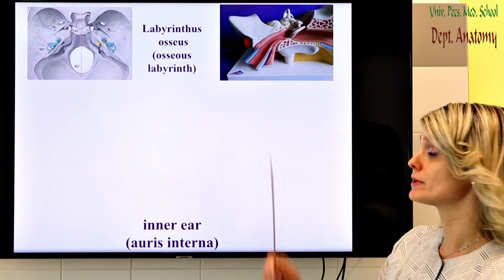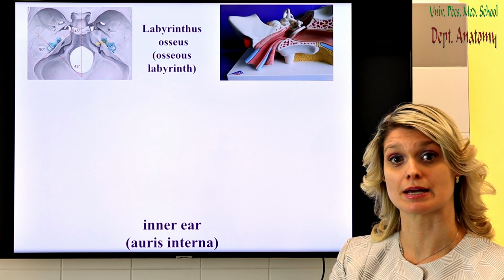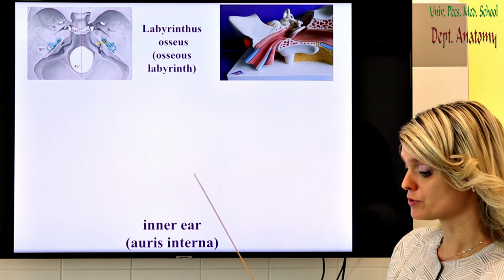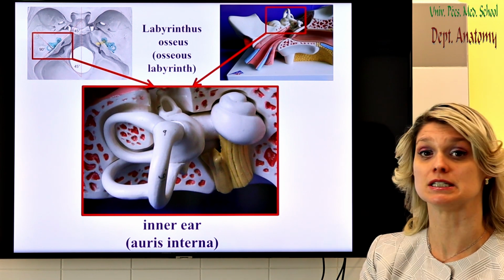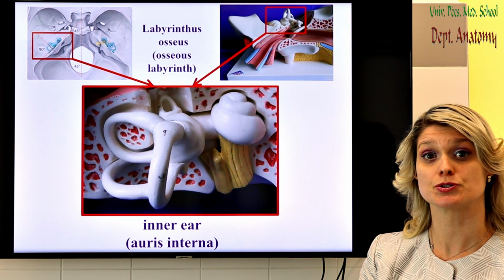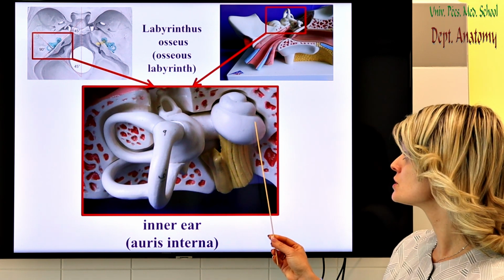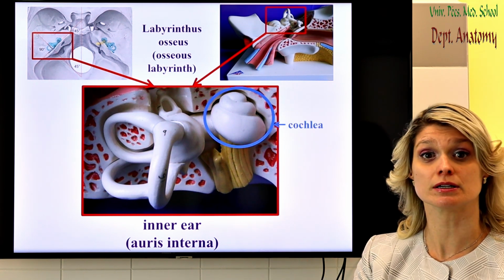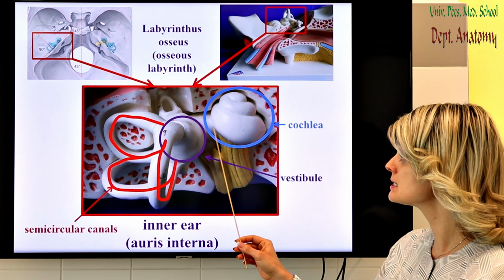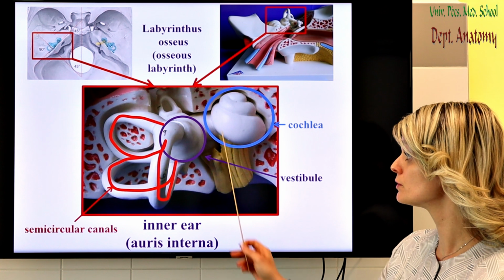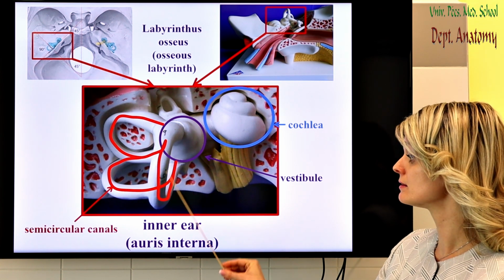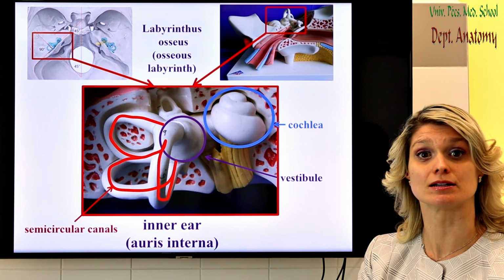Here you can see that preparation, which I will show you in the demonstrative part. The higher magnification of the inner ear you can see in this picture. It has two main parts. The first part, which is for the hearing, is called the cochlea, and the other parts, the vestibule and the semicircular canals.